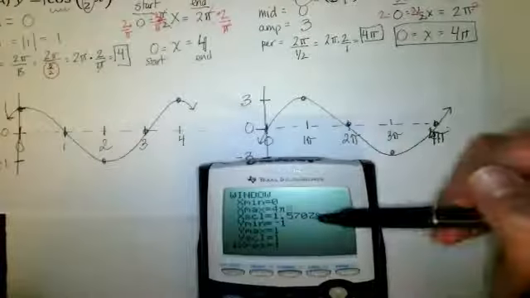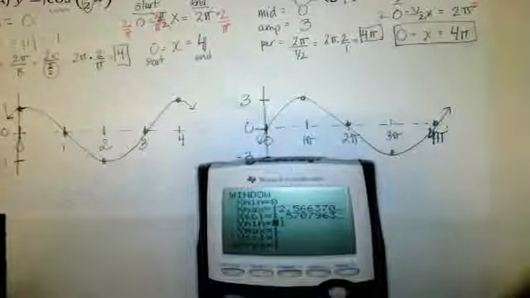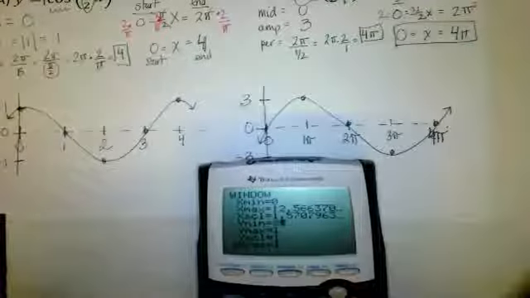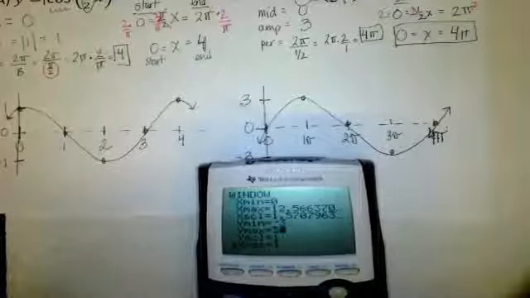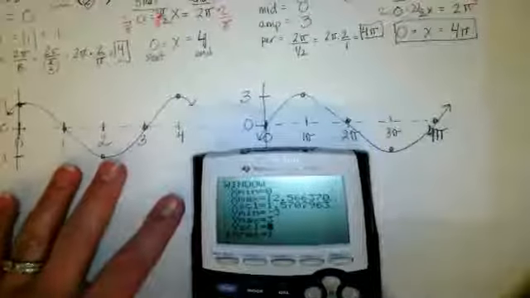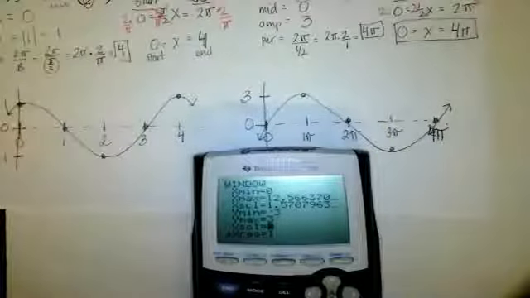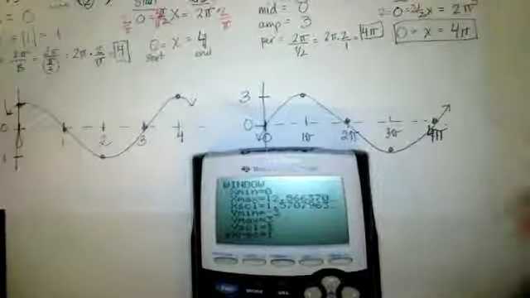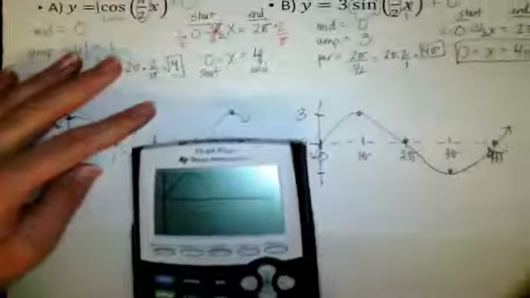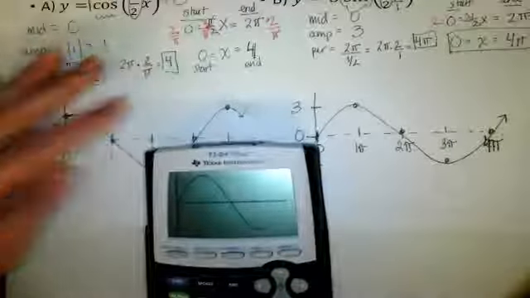You don't need to worry about the scale too much. It doesn't matter. And then the y minimum and y maximum. My y minimum is -3, and my y maximum is +3. So I'm setting my window so it's identical to what I've got graphed.